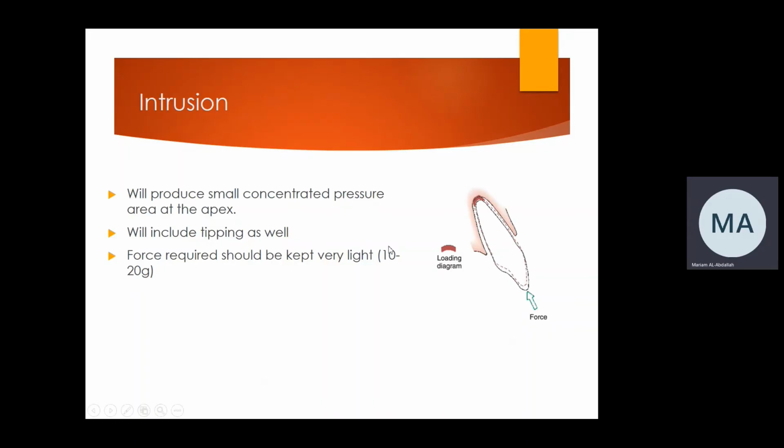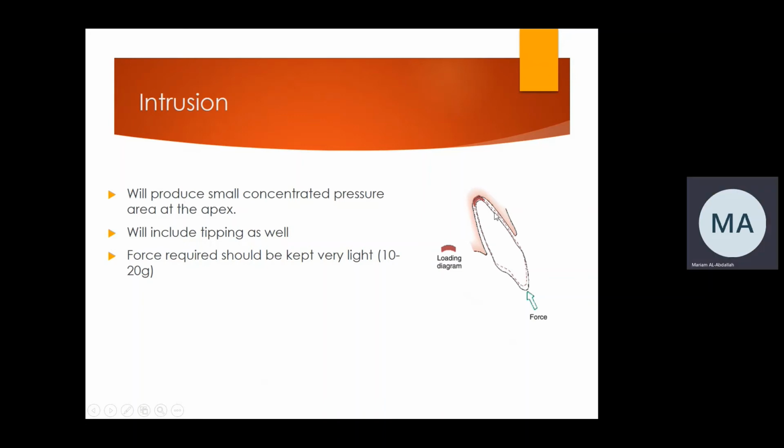So we will need 10 to 20 grams. If this tooth movement was actually applied, it's a bit dangerous because the area that is pressed is very, very small, and the pressure produced from this force will be huge because the root surface area being pressed is very small.